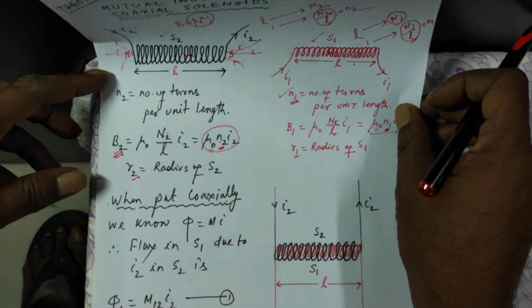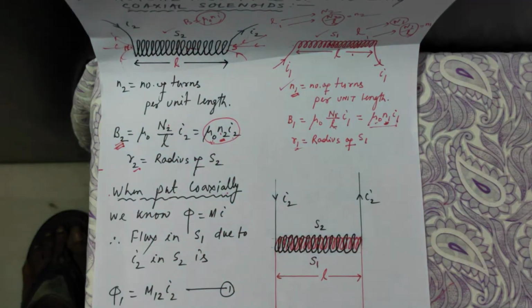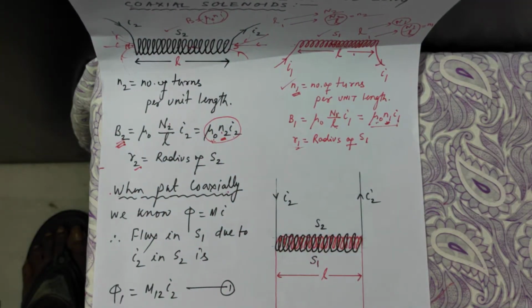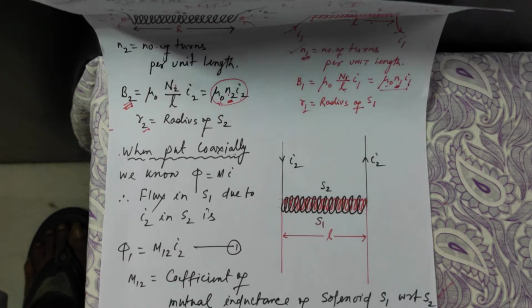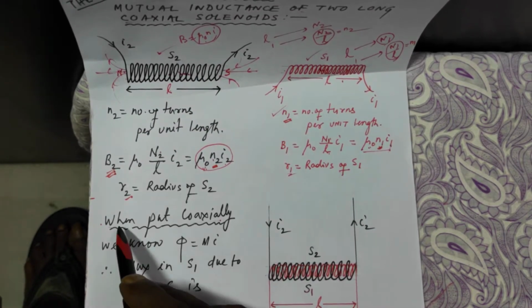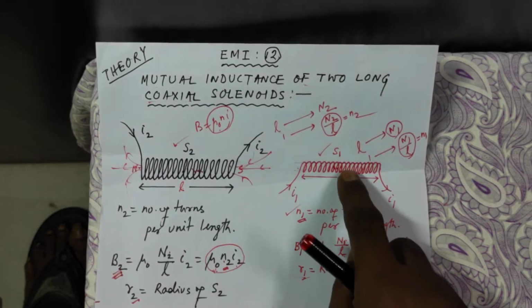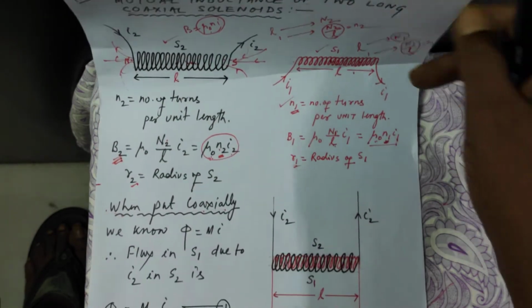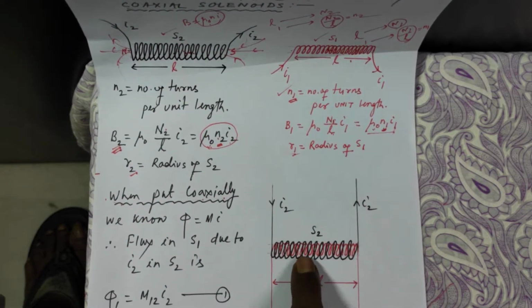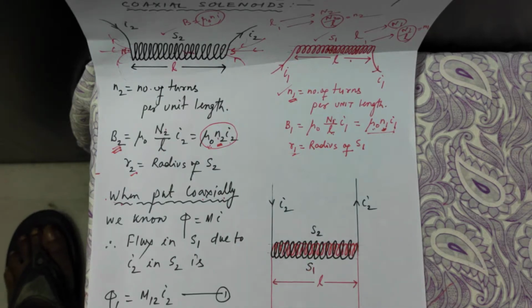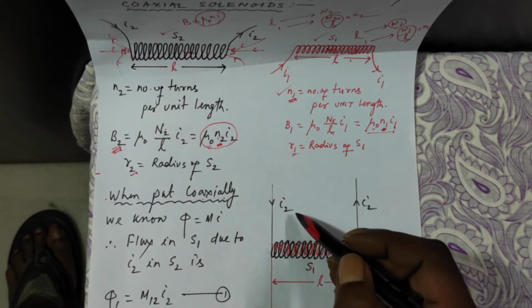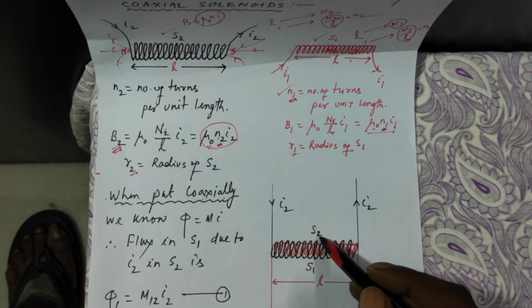Now look, when put coaxially, when this is put inside this, it looks like this. Now, I am passing current I2 in the solenoid S2.